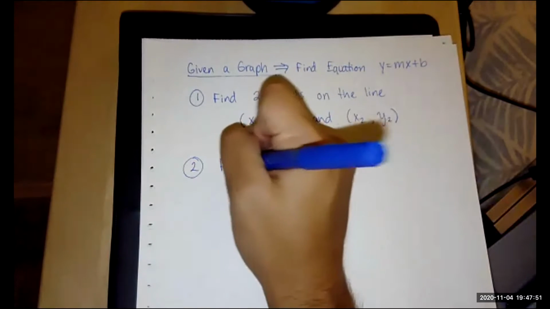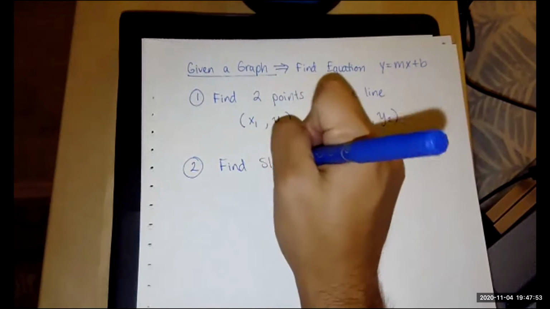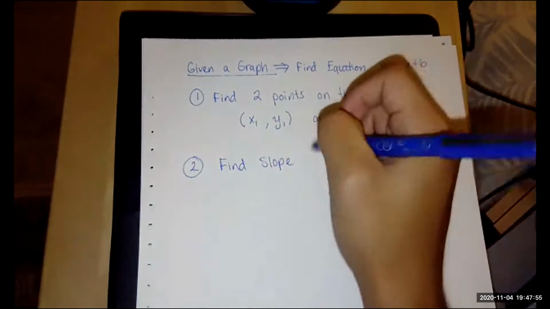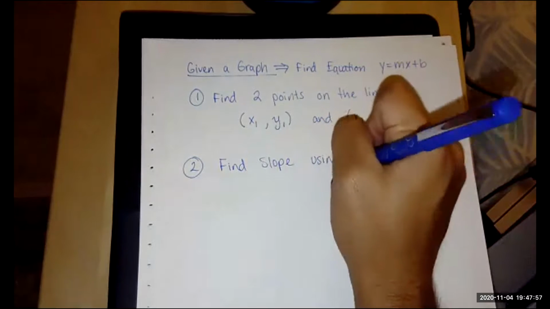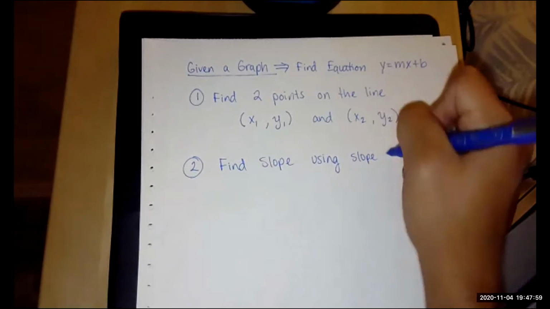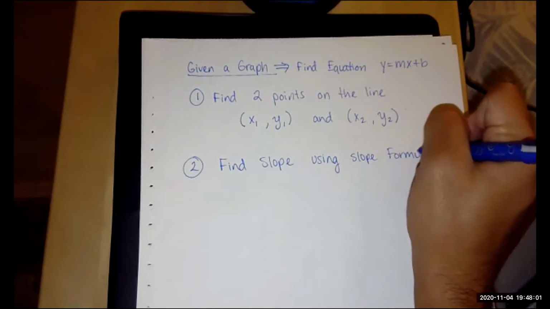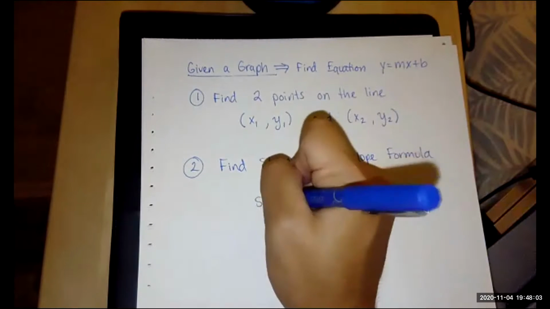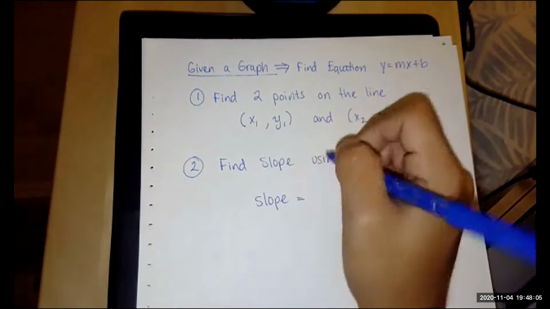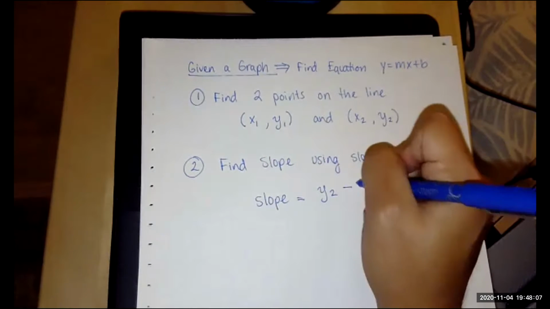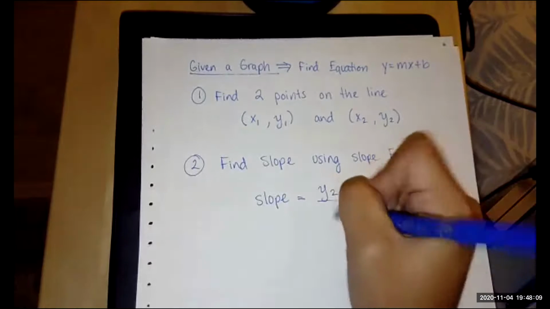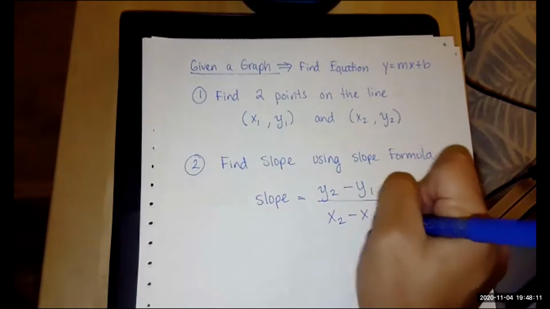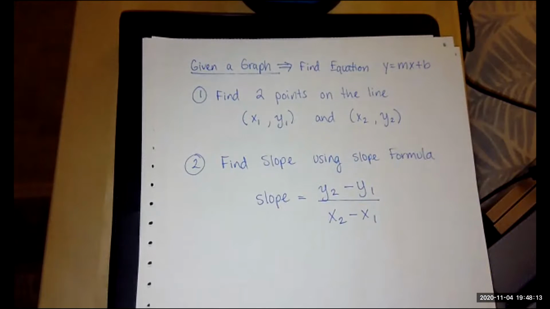So the second thing we need to do is find the slope using the slope formula, which is slope is equal to y2 minus y1 over x2 minus x1. Okay.